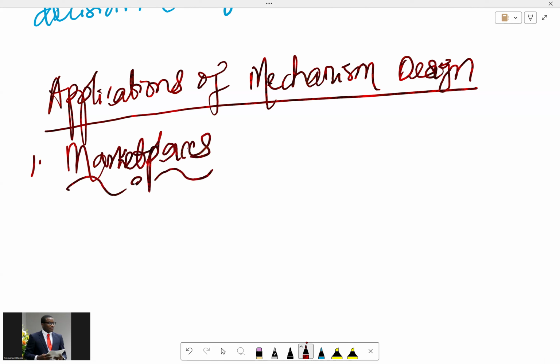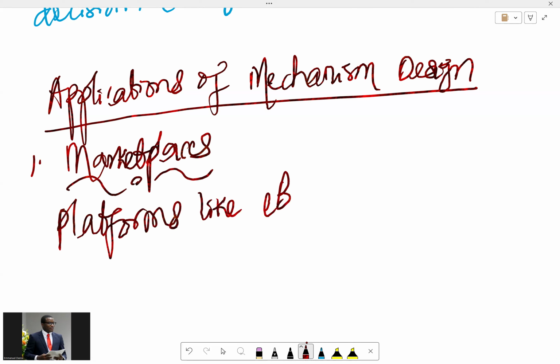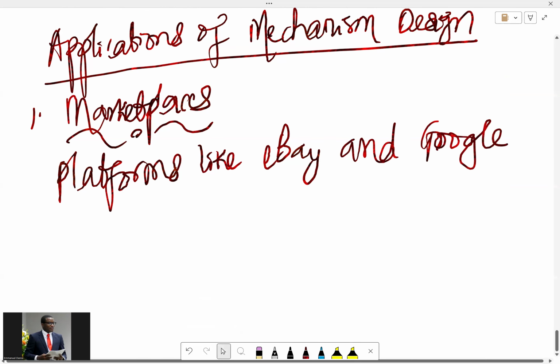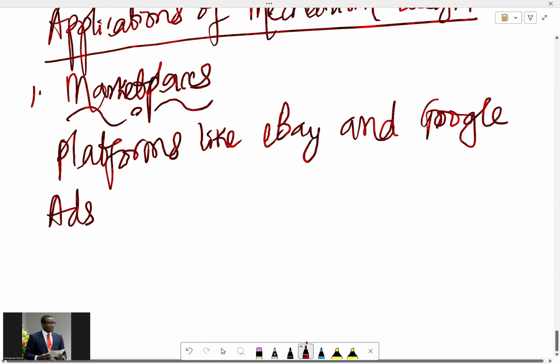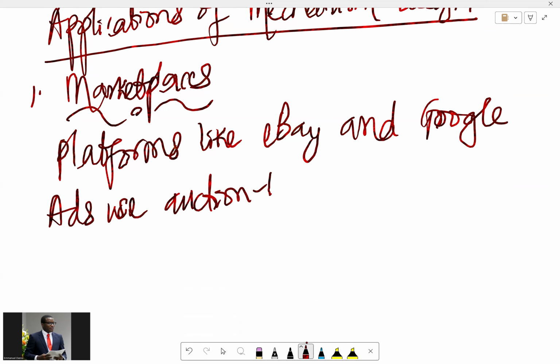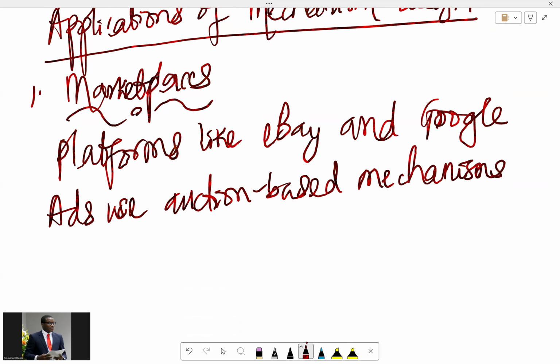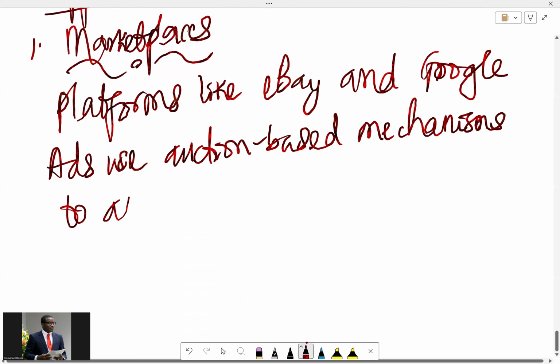Platforms like eBay and Google Ads use auction-based mechanisms to align buyer and seller interests.